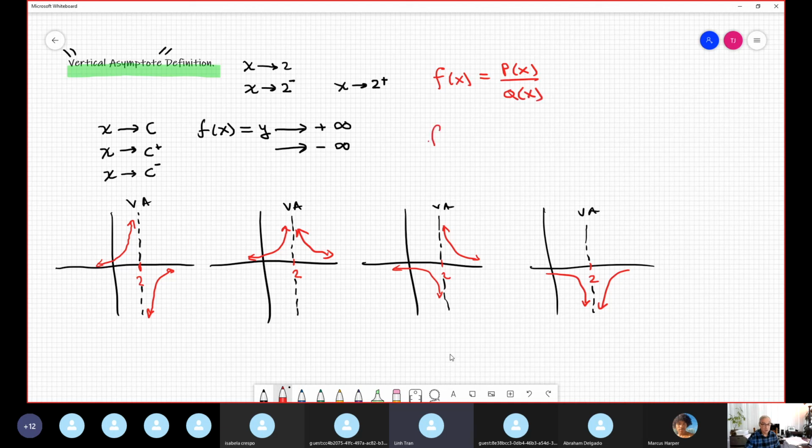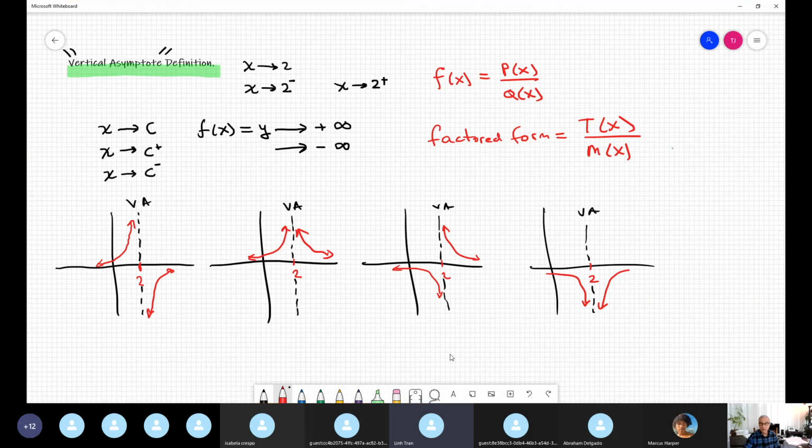Immediately you factor. Suppose one factor is cancelled out, but I take another letter, t of x over m of x, and the factor that stays alive at the bottom, you set equal to 0.